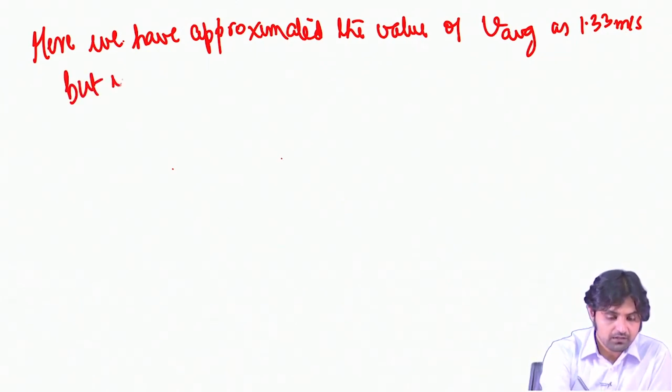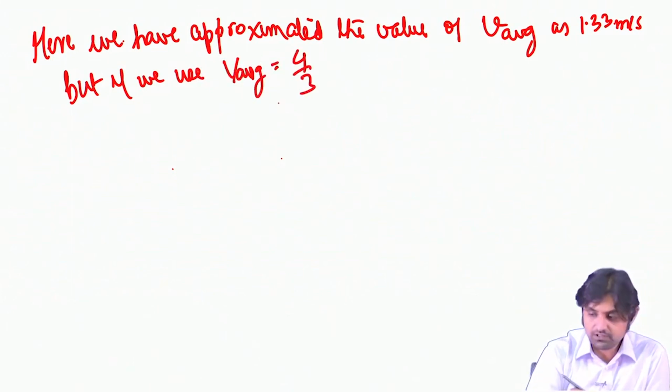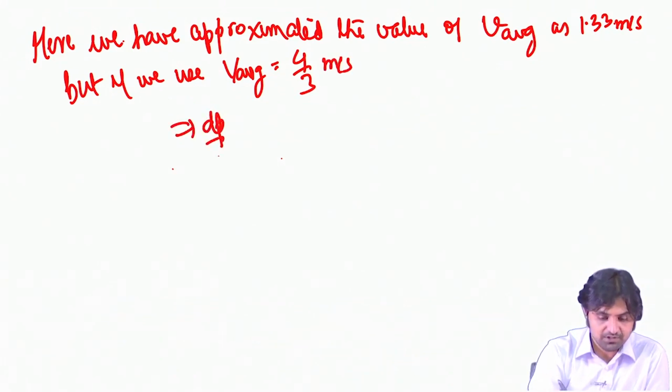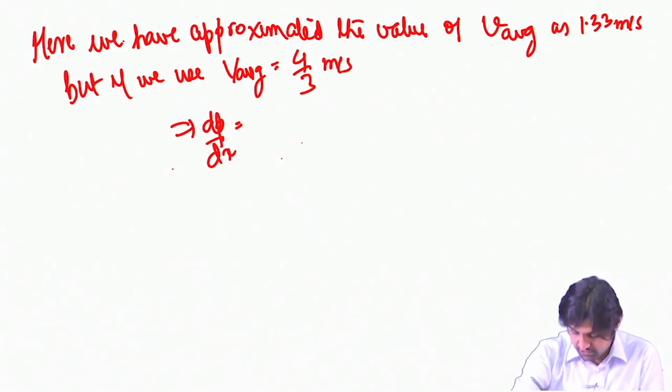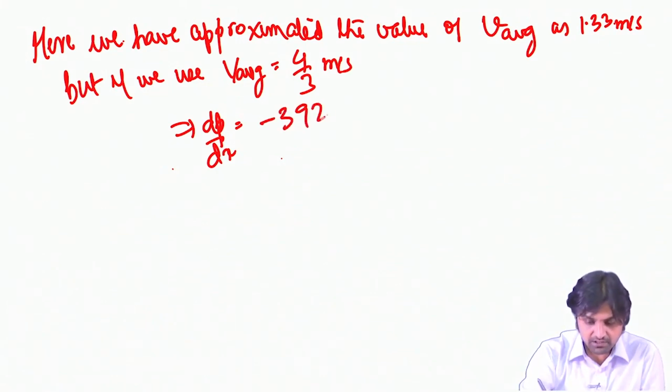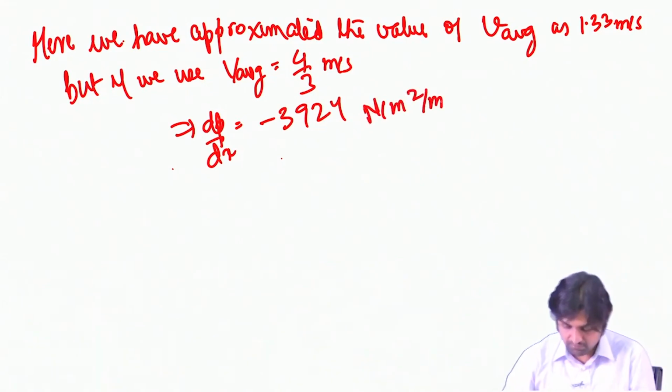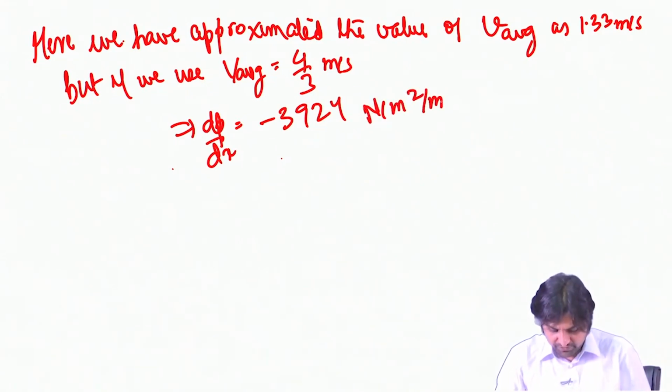But if we use V average is equal to 4 by 3, which is 1.33 meters per second, we can get, I'm just trying to show there will be a slight difference, of course not that much, but it will be minus 3924 Newton per meter square per meter. Very almost no difference.